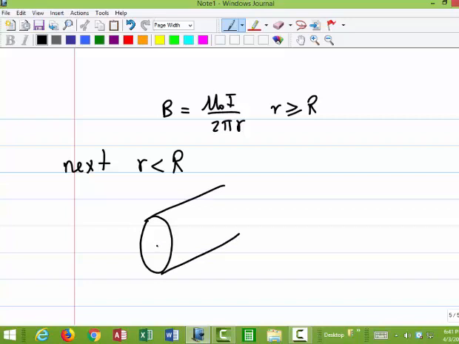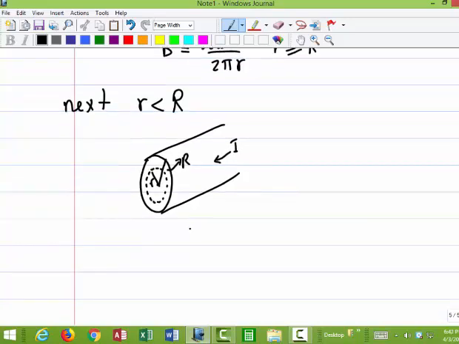And so this is the center of the wire, and inside this wire we can draw a new Amperian loop. Let's say this loop has radius r, and the entire radius is uppercase R. We still have the same current flowing through, so we are going to use Ampere's law again.